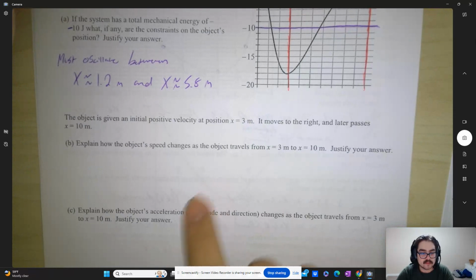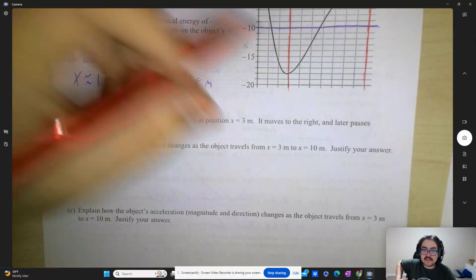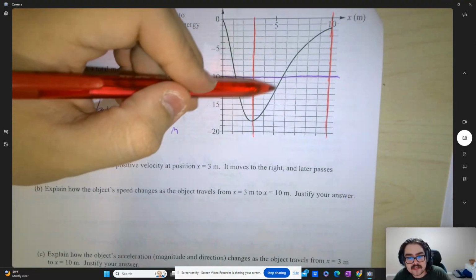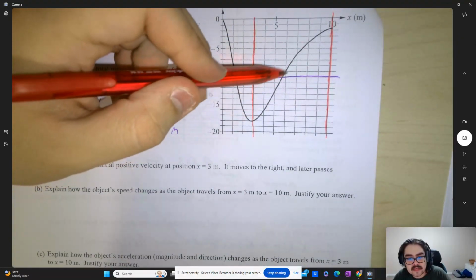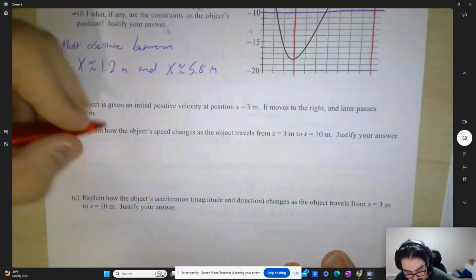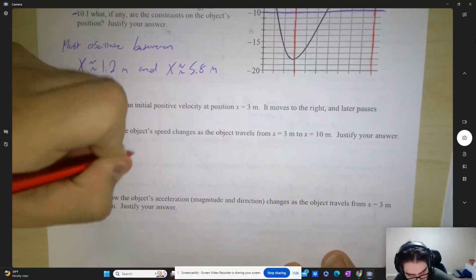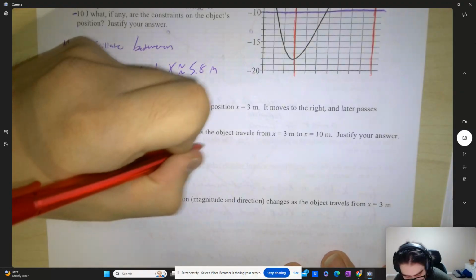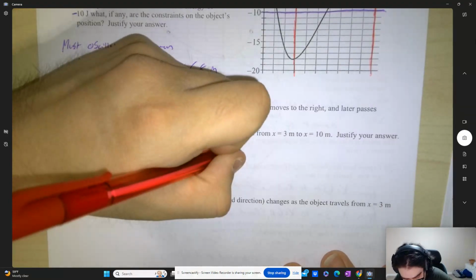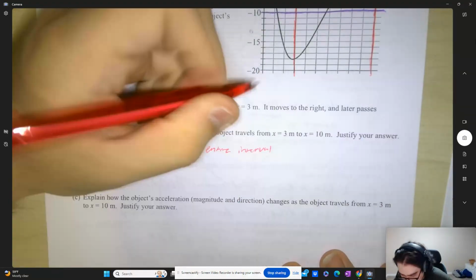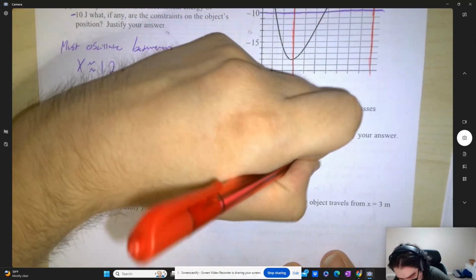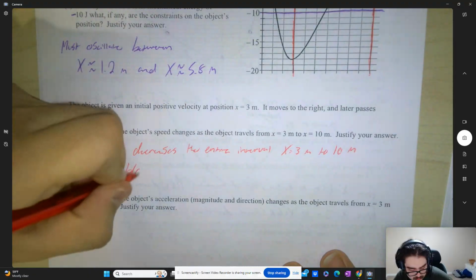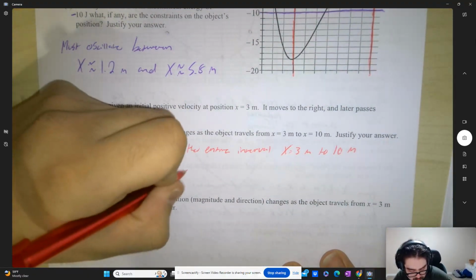We're talking about the speed. The speed should actually be decreasing because, oh sorry, I guess I was thinking of force, but the speed should be decreasing because your potential energy is increasing. It's climbing. So speed decreases over the entire interval, x equals 3 meters to 10 meters, because U of x is increasing.